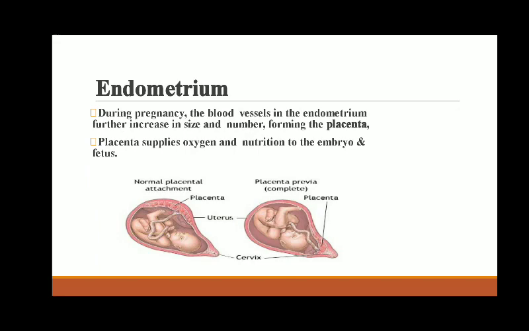During pregnancy, the blood vessels in the endometrium further increase in size and number, forming the placenta. And this placenta supplies oxygen and nutrition to the embryo and fetus.